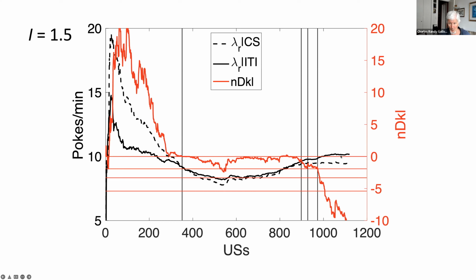We pretty much know, at least when the informativeness up here is favorable, that that will eventually happen. And this point here is where the rate estimates cross. But you can see that they're hardly different at all. This value for informativeness is very marginal.